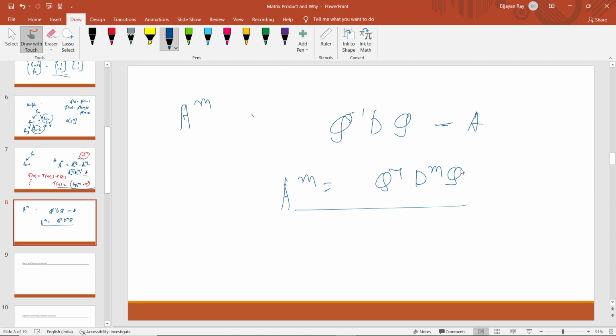Now, writing A in terms of this diagonal matrix, I must introduce a definition here.